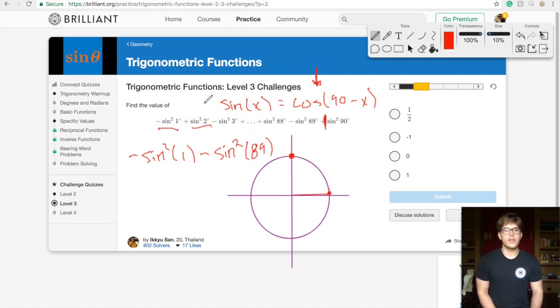And then from this property, sine x equals cosine of 90 minus x, what do I have? I have minus sine squared of 1 minus cosine squared of 90 minus 89, which is 1.